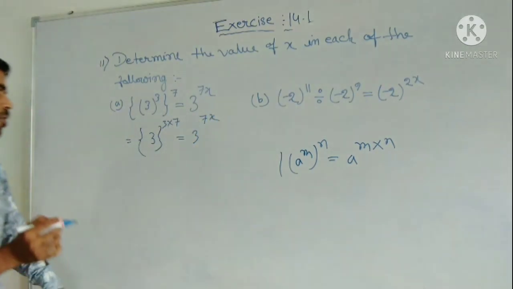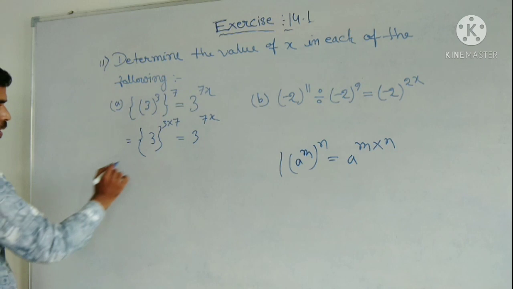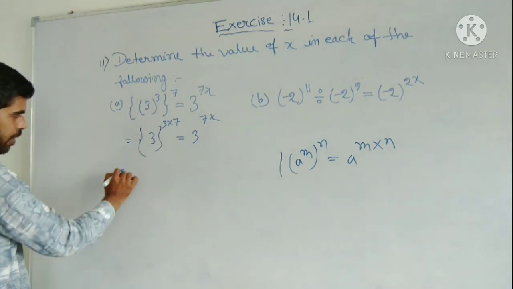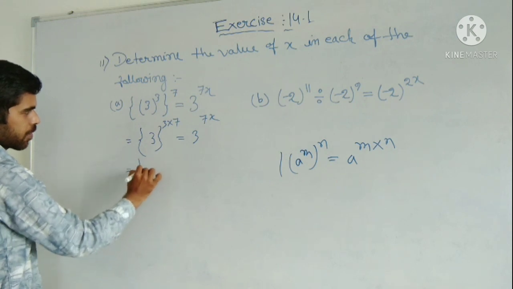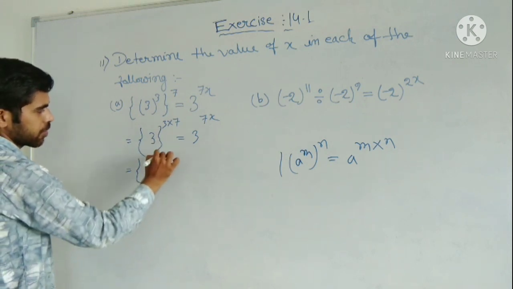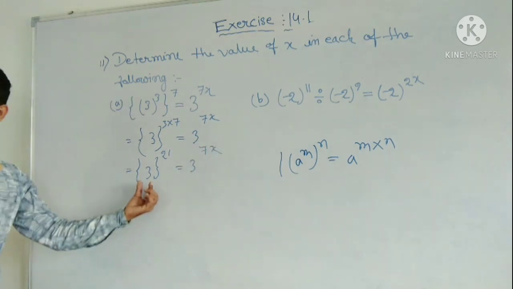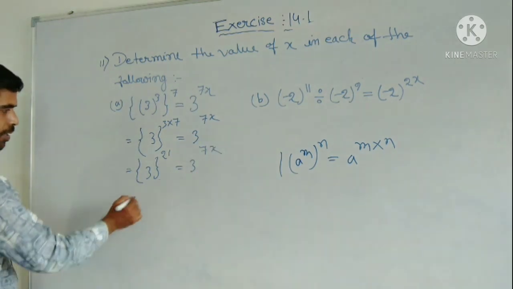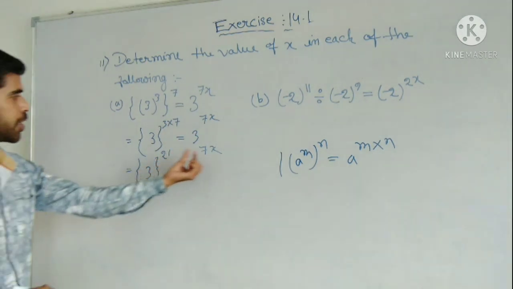Now see, if the base are equal, then you can cancel this one. So now you write 3 times 7, how much? 21, and there are 7x. Now here afterward there are 21, there are 7x.